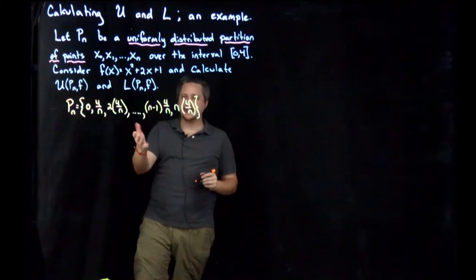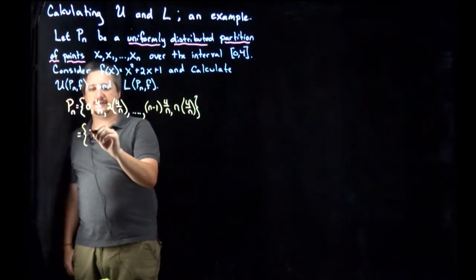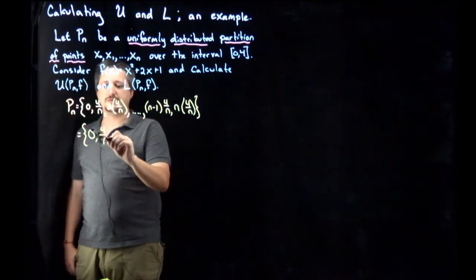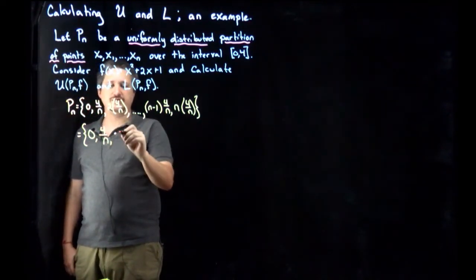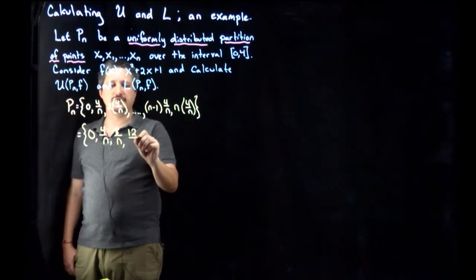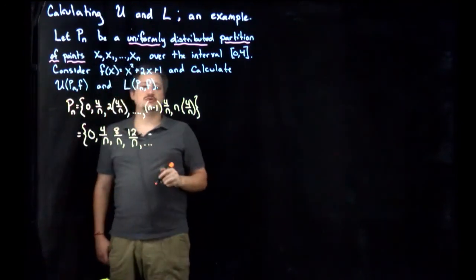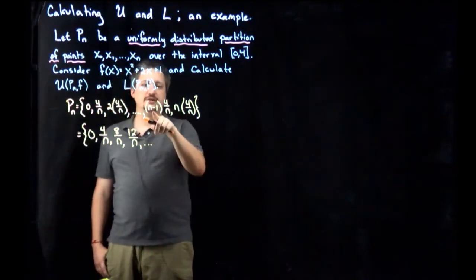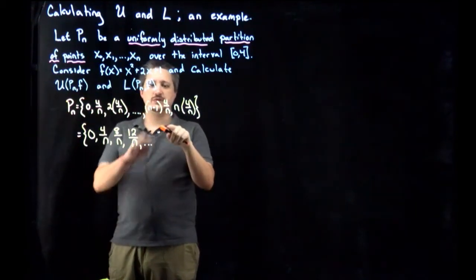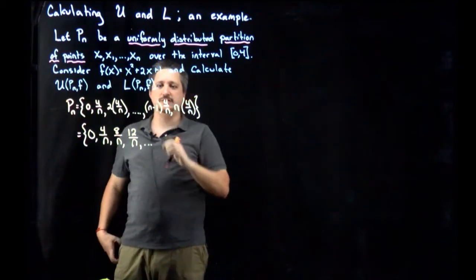So obviously we can clean this up a bunch. Cleaning this up, I still have 0 as my starting point, 4 over n, that's pretty self-explanatory. I have twice as much, so that's going to be 8 over n. I'll do one more just to make it clear, that's 12 over n. The n minus 1 version, I can do as either n minus 1 times 4 all over n, or I can do it as n times 4 over n to cancel, and then minus 1 of those.